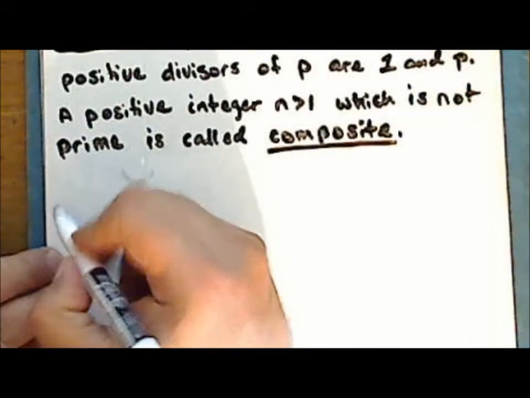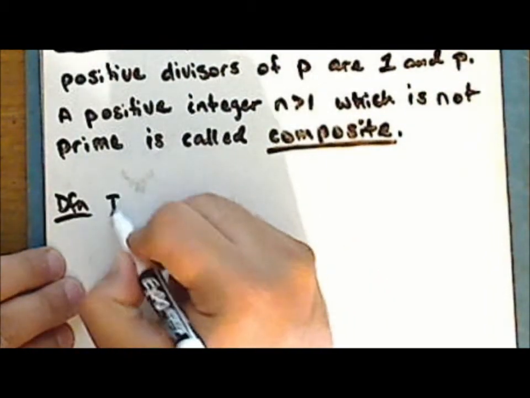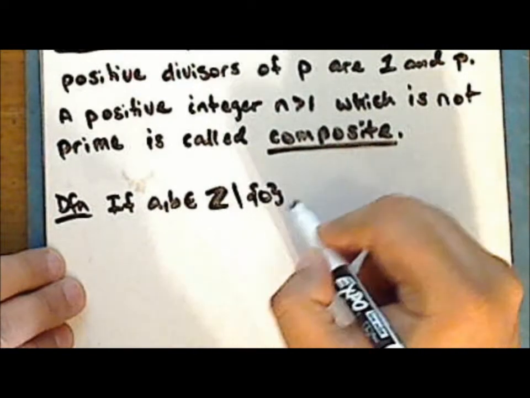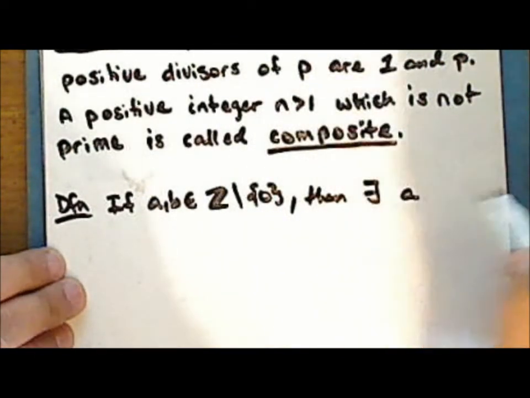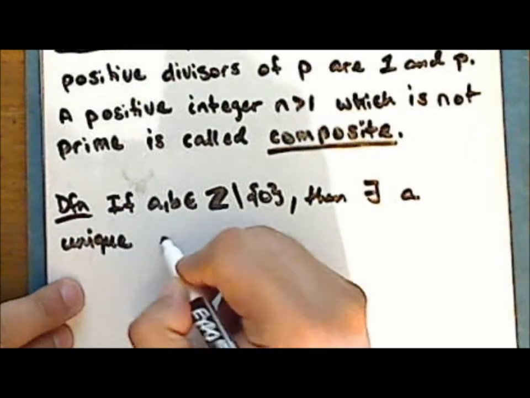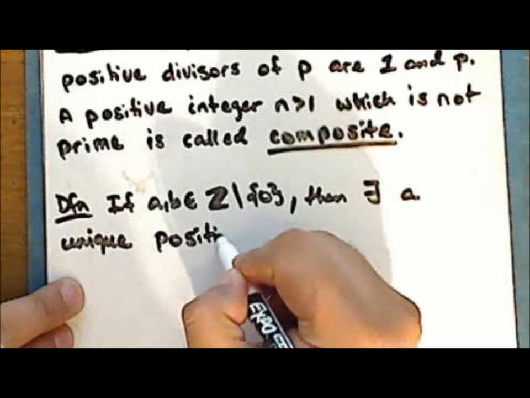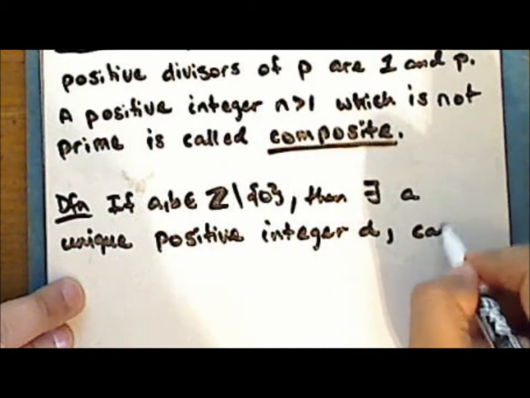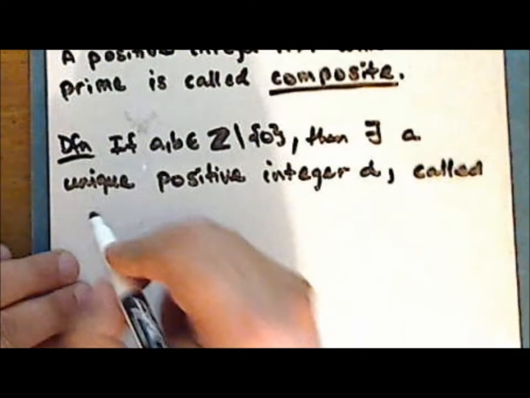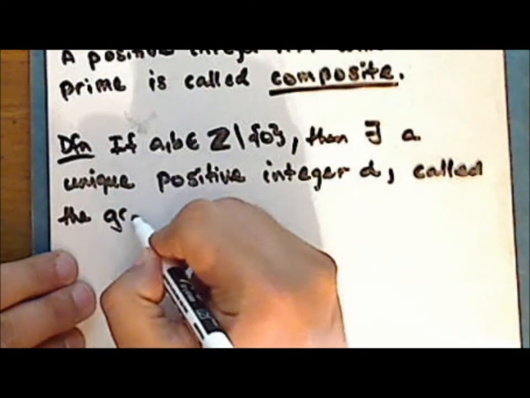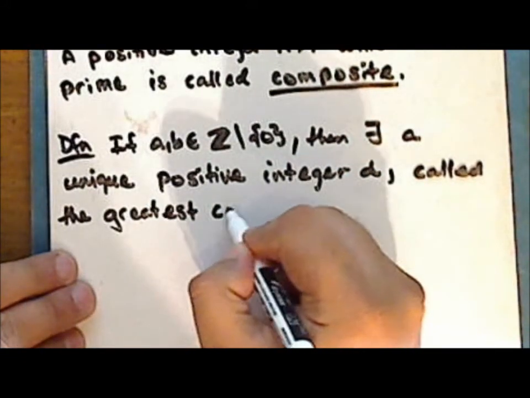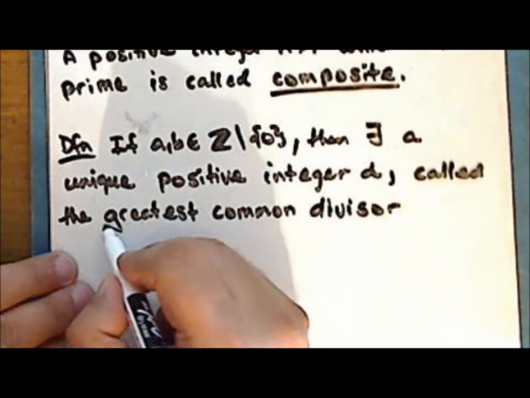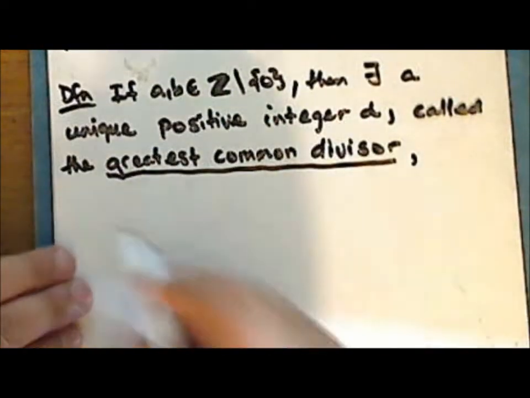All right, so new definition. If A and B are two non-zero integers, then there exists a unique positive integer D, which is called the greatest common divisor, satisfying two properties.